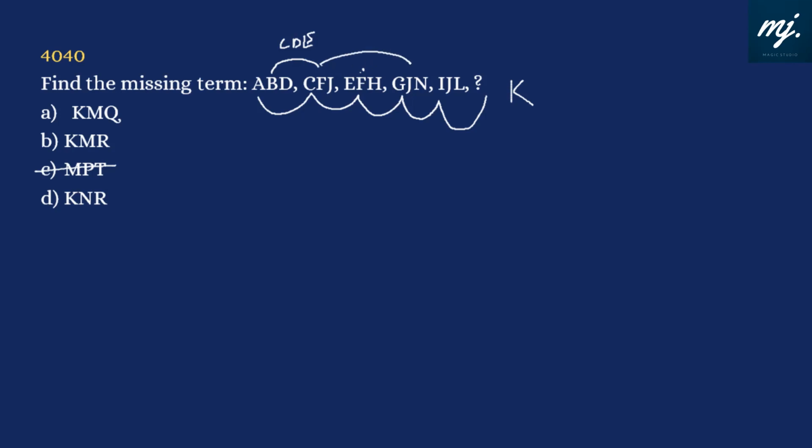Then F, G, H, I, and J. Then we have a J. We need to look over the 3 jump. J, K, L, M. It should be N. K, N. Option D fits in. K, N, R is the next term.